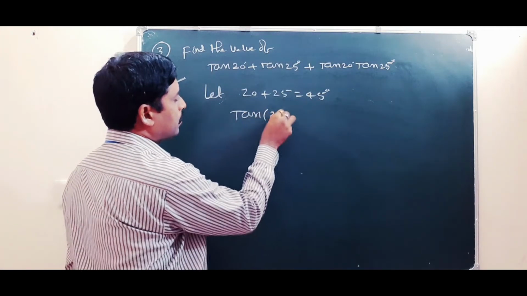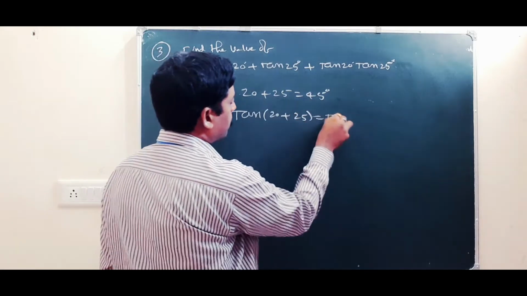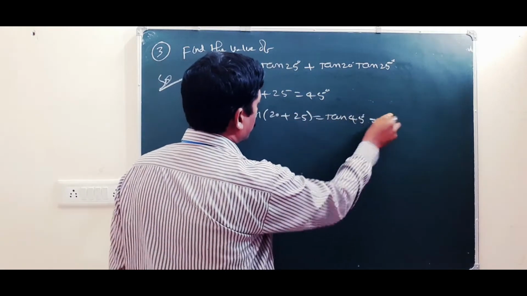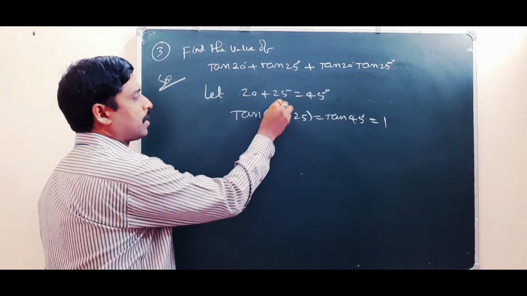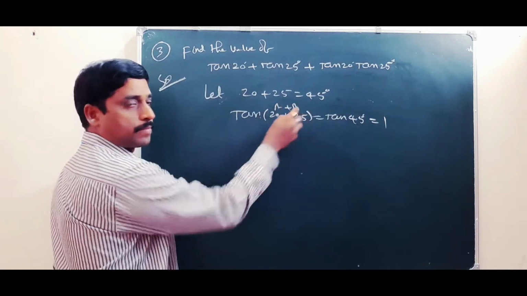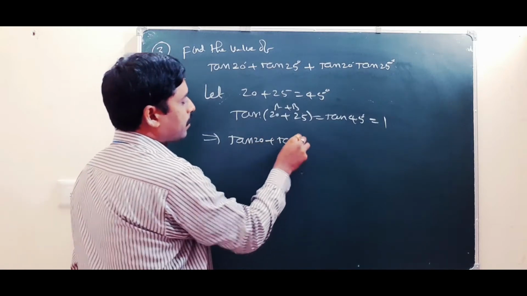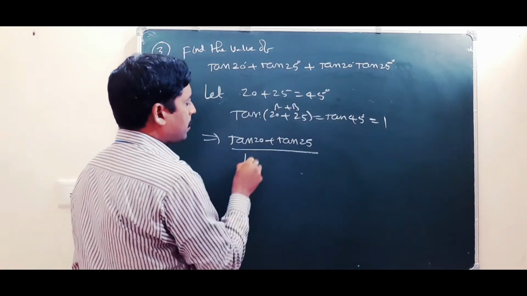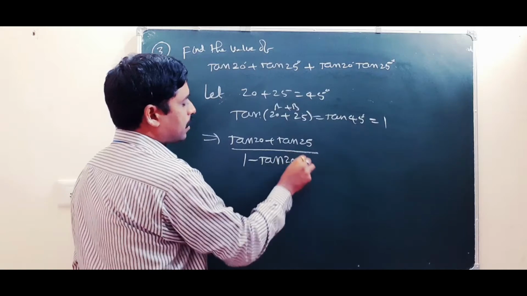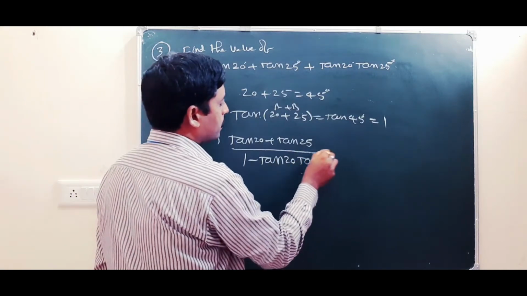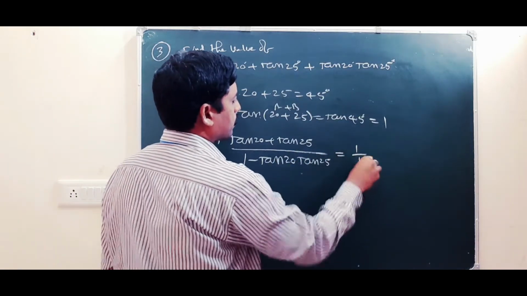Tan (20 plus 25) equal to tan 45. So tan 45 value is 1. So by using the tan (a plus b) formula, (tan 20 plus tan 25) by (1 minus tan 20 tan 25) equal to 1.